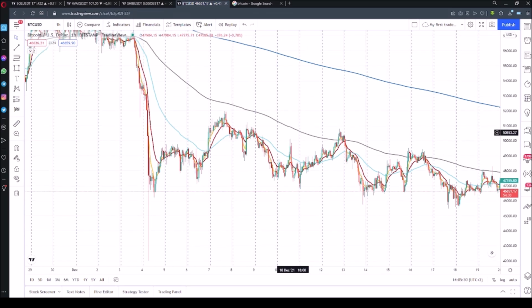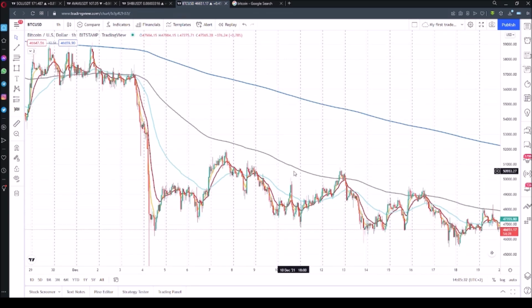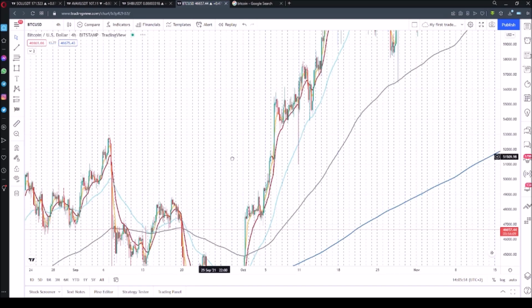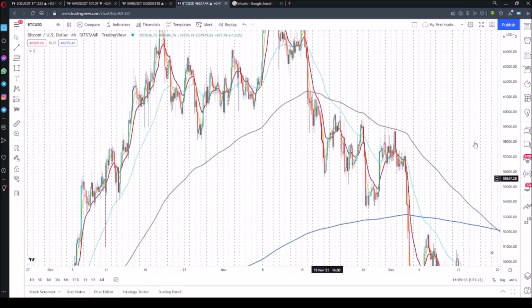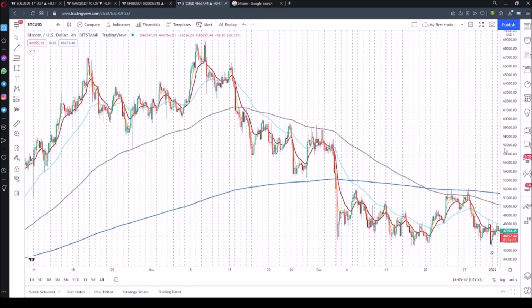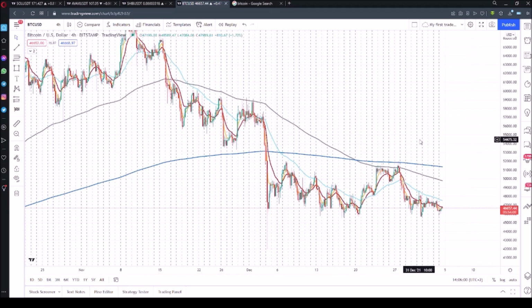So Bitcoin against US dollar is the asset that we are going to be looking at, and I'm going to start on the H4 time frame to see these particular moves to the downside or the upside so that we may anticipate where the next reversal point is going to take place. So going on the H4, this is what we see on the H4 time frame.